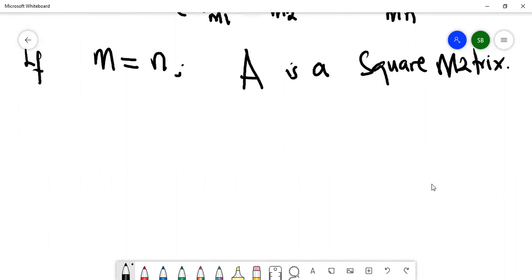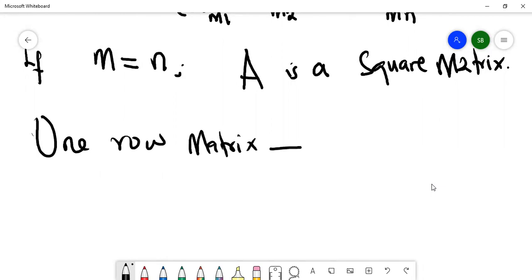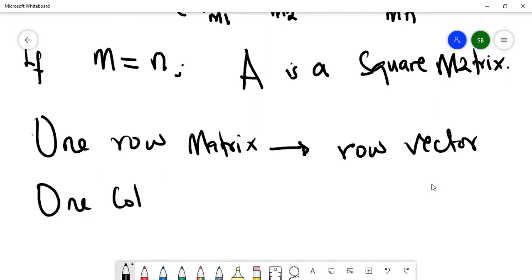So, precisely, if a matrix has just one row, for instance, such is referred to as a row vector. But if it has just one column, such is referred to as a column vector.